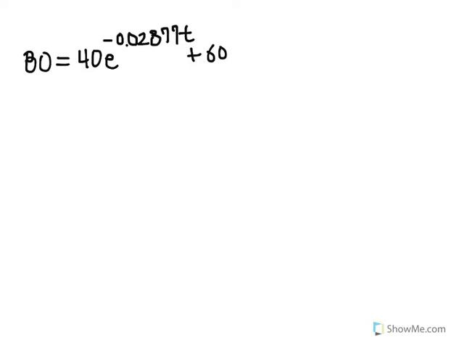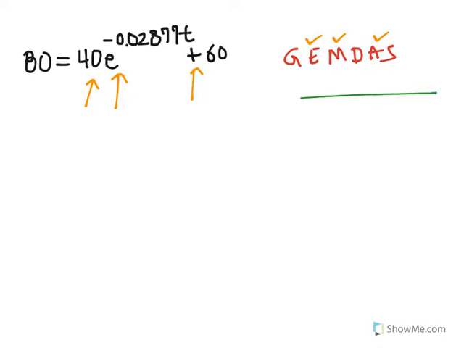Okay, so let's go ahead and begin by solving this equation. It's similar to what you saw earlier when we were solving for k. You have to undo the operations that are being done on t. So let's identify what's being done. Well, you have exponentiation with base e, you have multiplication by 40, and you have addition by 60. So to undo these operations, you have to undo them in the reverse order of PEMDAS.